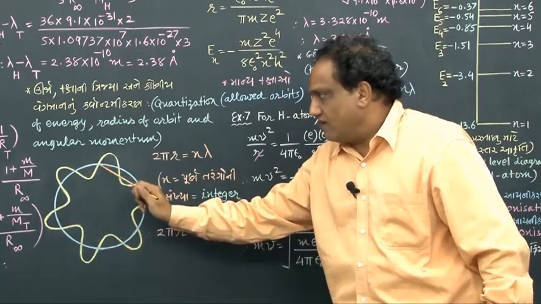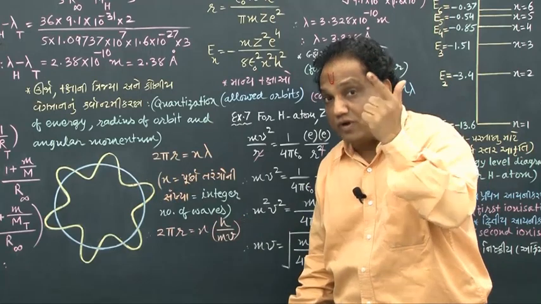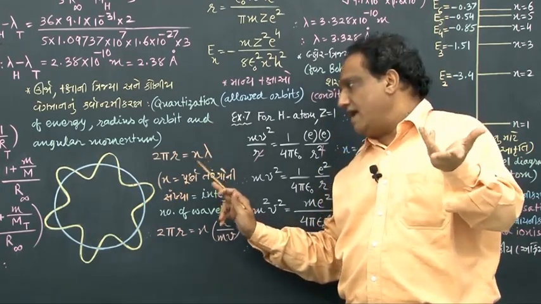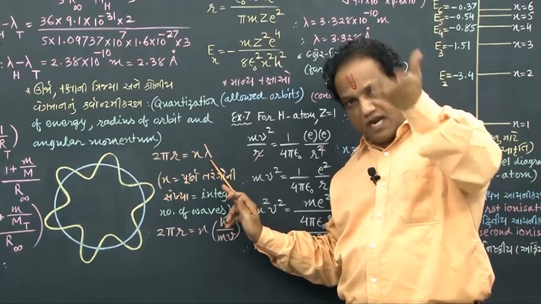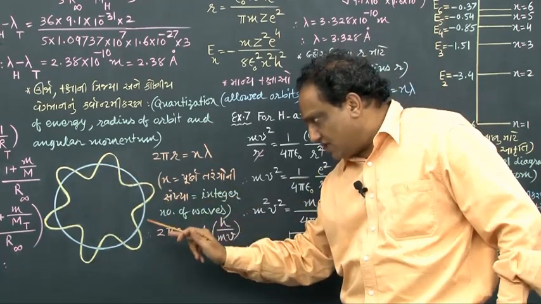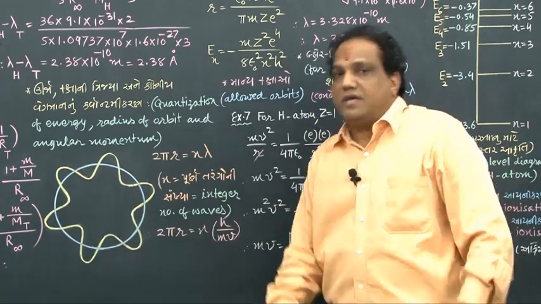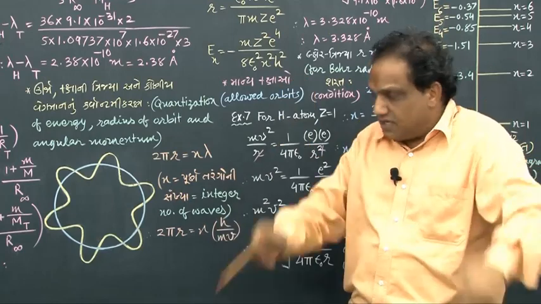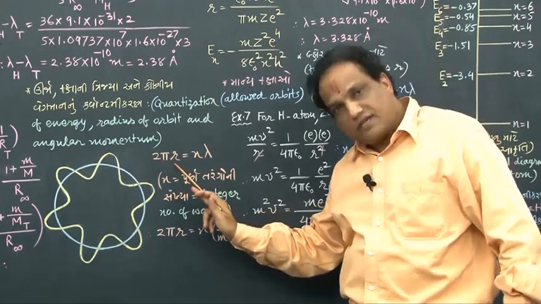Come on. For one wave, what is the length? Length is equal to lambda. For n number of integer waves, what will be the total length? N lambda, correct? But that total length would be equal to circumference of this orbit. And circumference of circular orbit having radius r is how much? It is 2 pi r, correct?